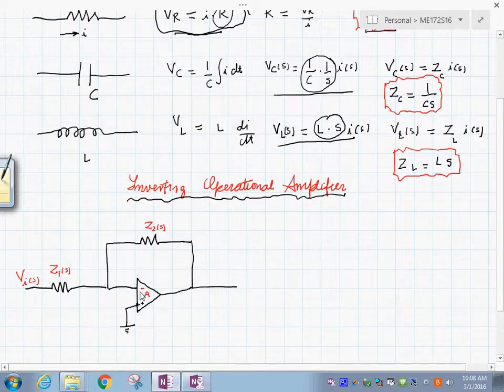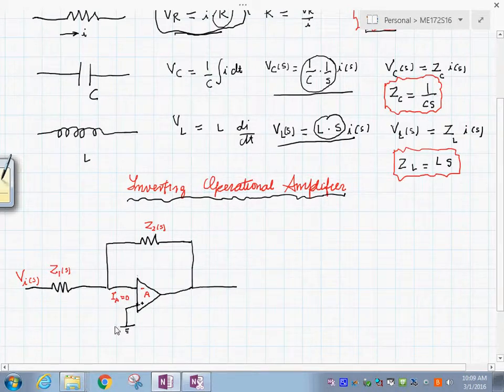So in here you have a current that circulates like this, and this is going to be, let's call it I sub 2, and on this side you have the current like this.